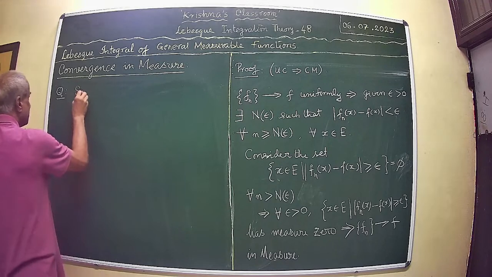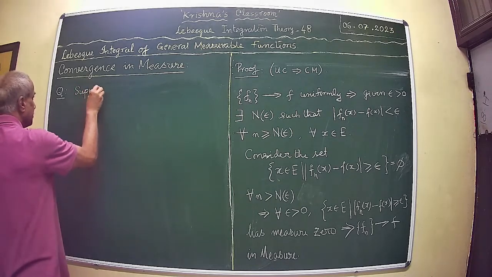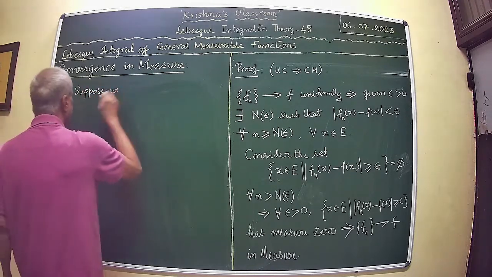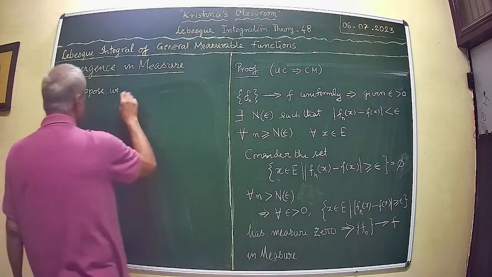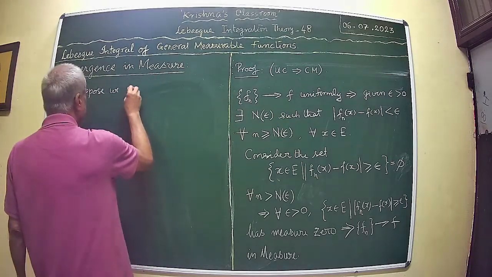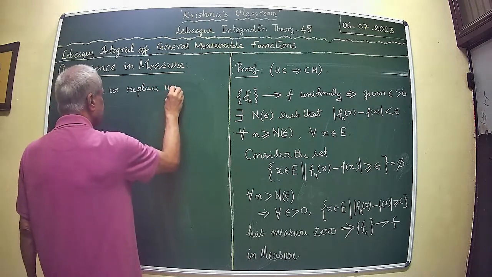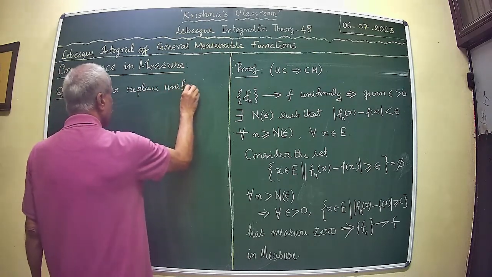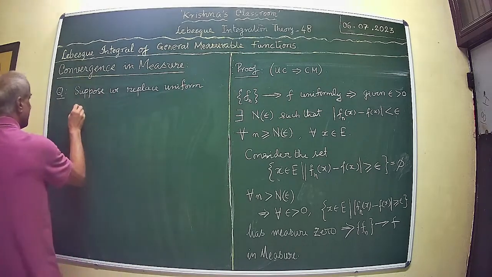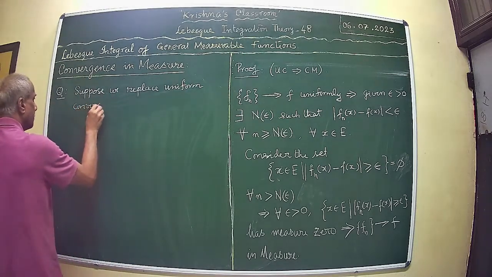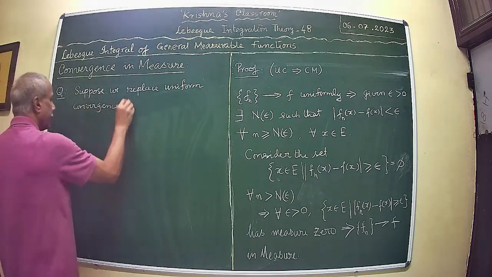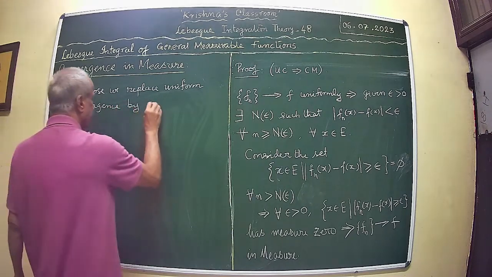Suppose we replace uniform convergence by pointwise convergence almost everywhere.